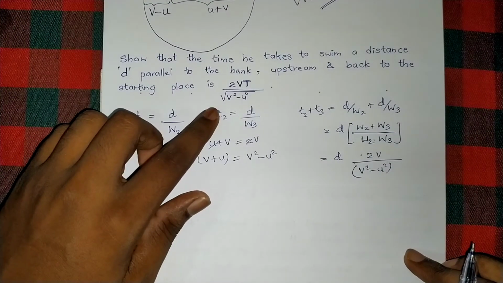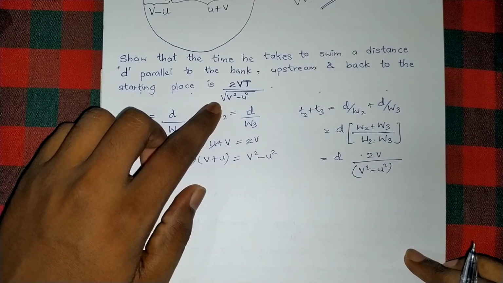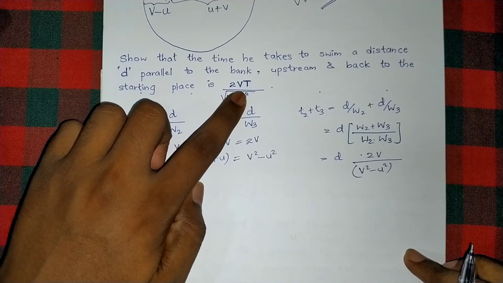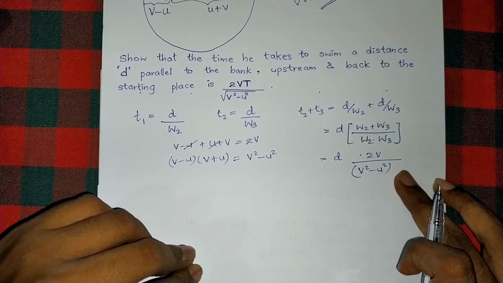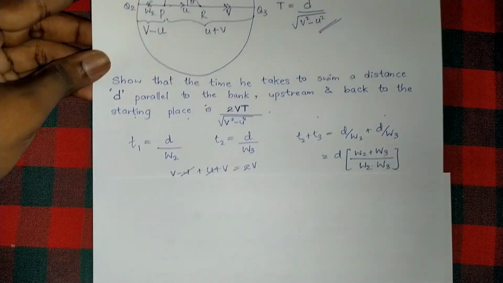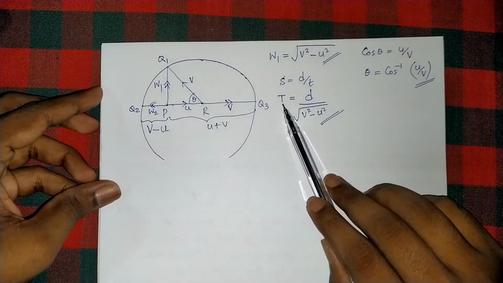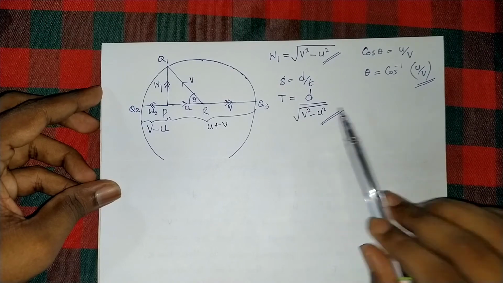Now what we have to show is 2VT over the square root expression. So here we have capital T, but in our answer we don't have capital T. But can you remember, from the first part we have this expression, capital T is D over the square root.